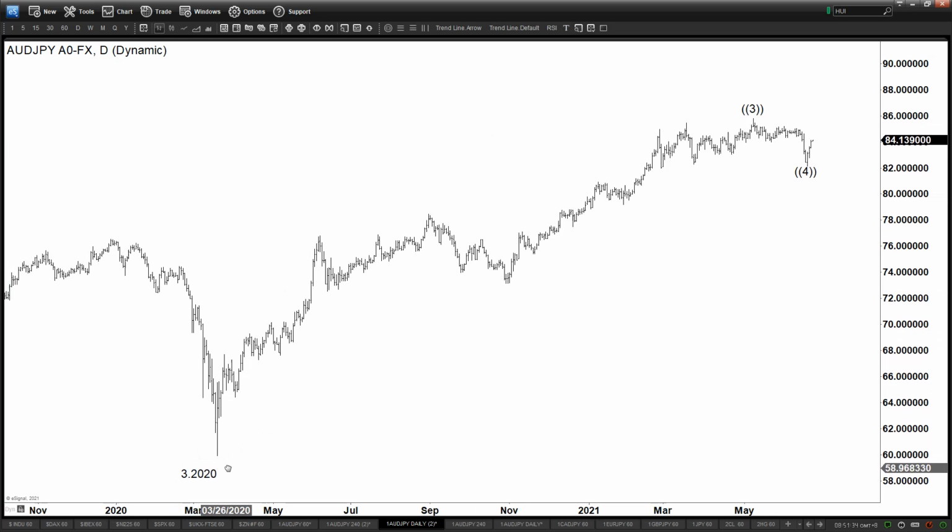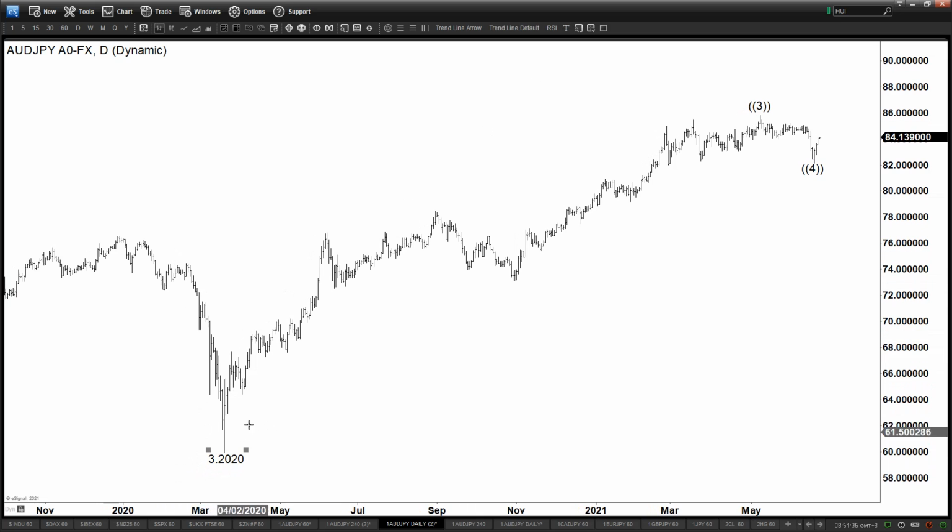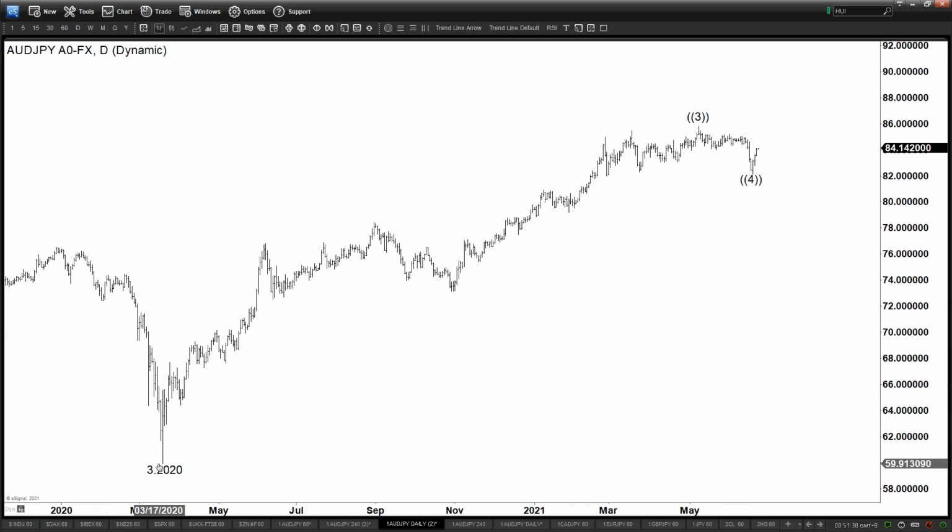This is after the COVID-19 news broke out. Every single asset group formed a low. Indices also bottomed in March 2020. Yen pairs are also on the same. US dollar also on the same. So this is a significant date right here. So we're still looking at the same cycle that started from March 2020 here.